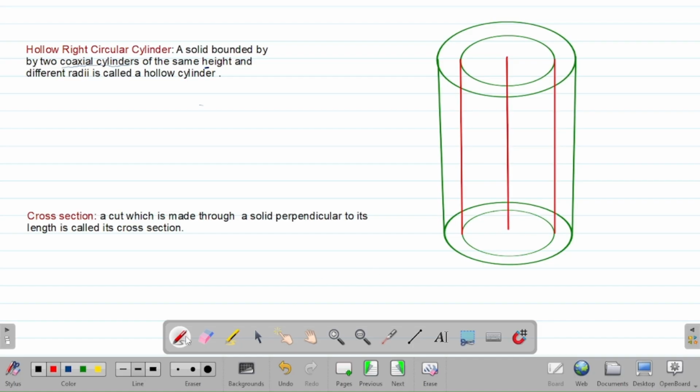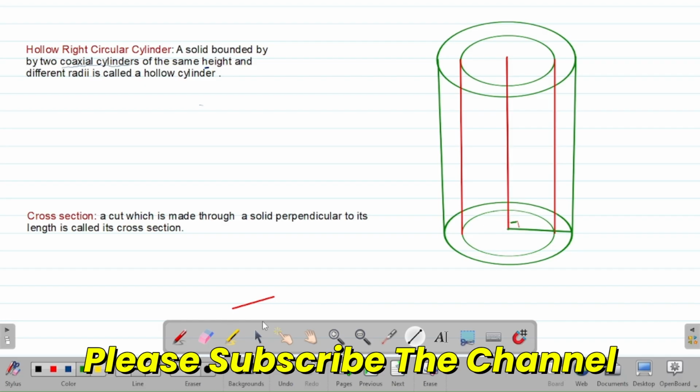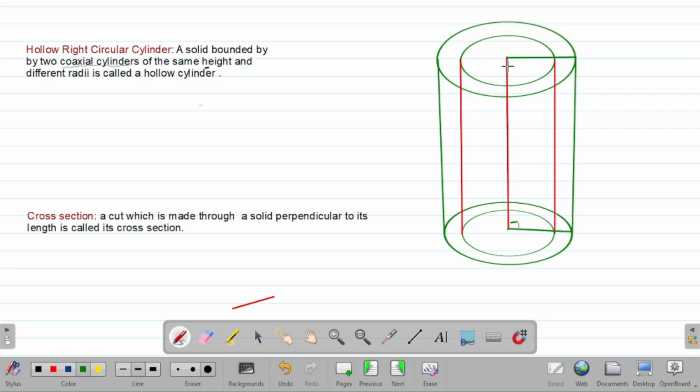That means the angle between this height and the surface is a right angle, so the height is perpendicular to the surface. The height is also perpendicular to the top face.